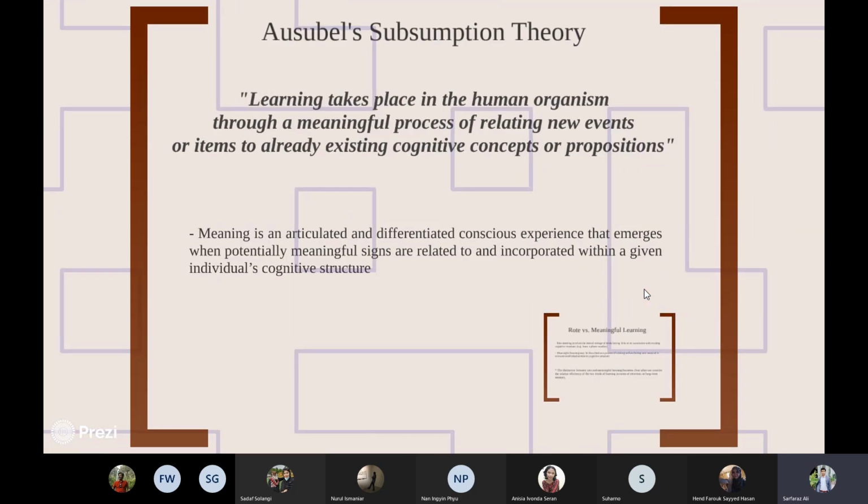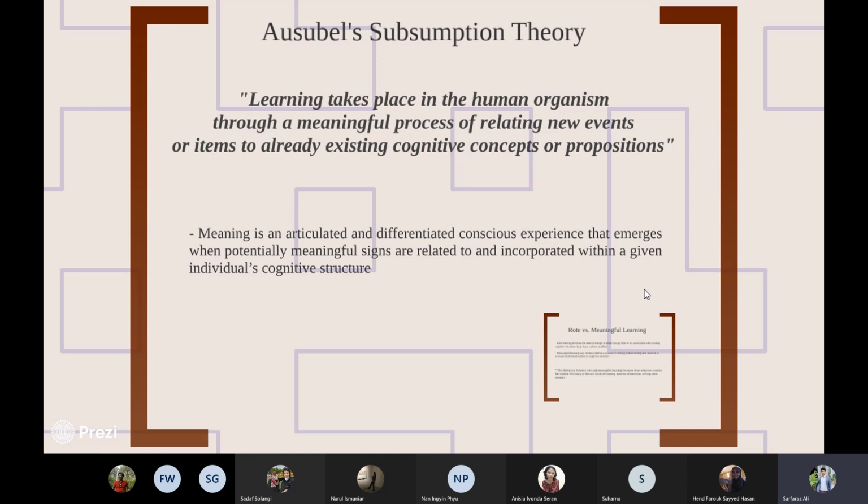So the third theory was the subsumption theory, and it was all about learning. This theory is one of the most important theories in the field of psychology.